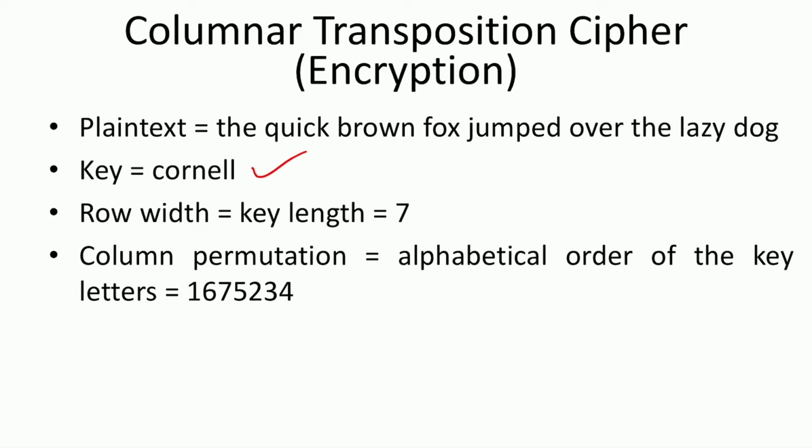So C appears first alphabetically among the remaining letters of this word. So we give it 1. So we will read out the first column first. Then E comes second alphabetically.